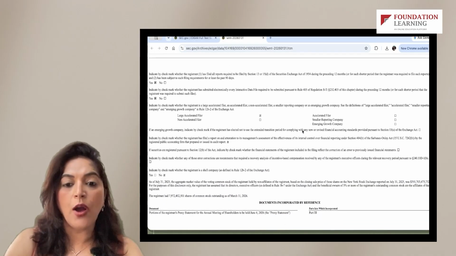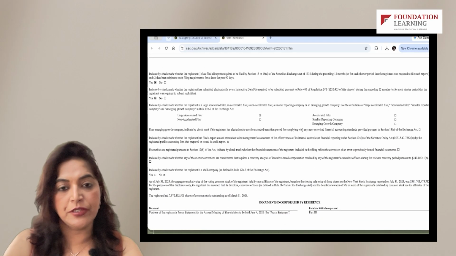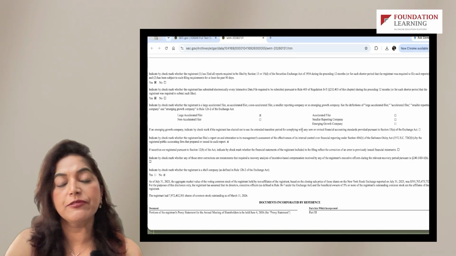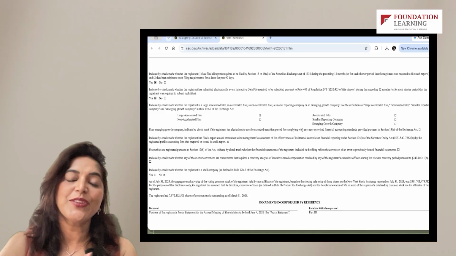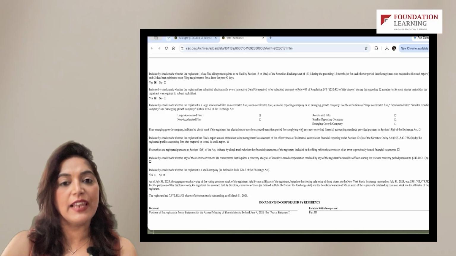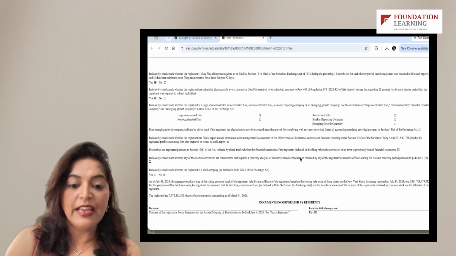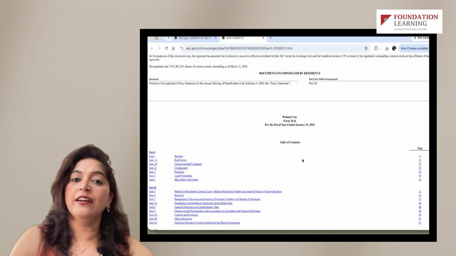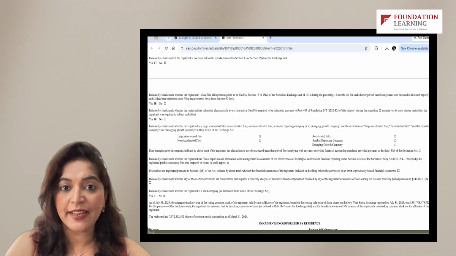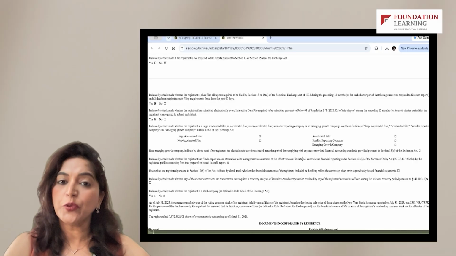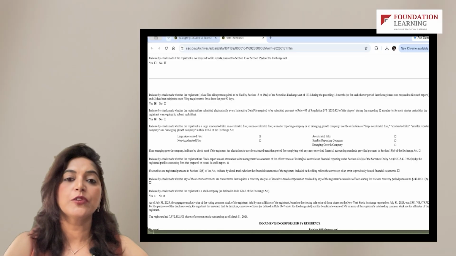Now, the form includes a lot of information. It's not practically feasible for me to discuss everything without intimidating you. So the idea is to keep the lecture light and informative. In case you are very curious about other information which I am not discussing at this point of time, feel free to pull up an annual report and go through it.